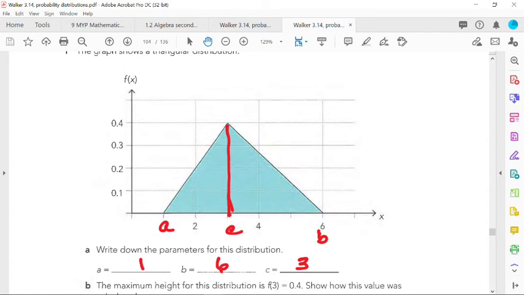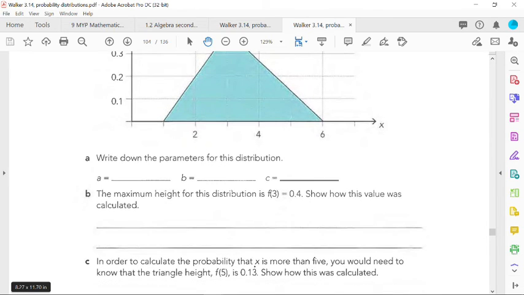The maximum height for this distribution, f of 3, because C is 3, is 0.4. Show how this value was calculated. Well, how do you calculate the height at C? There's a formula for it on your page. f of x is equal to 2 over b minus a.